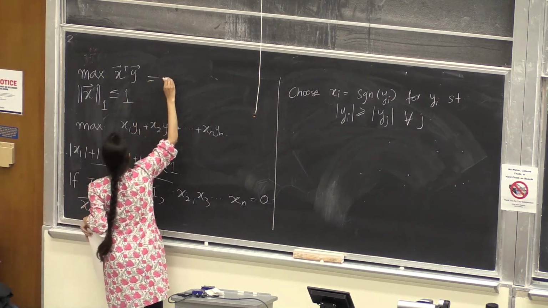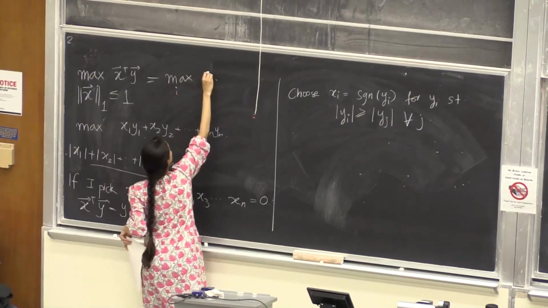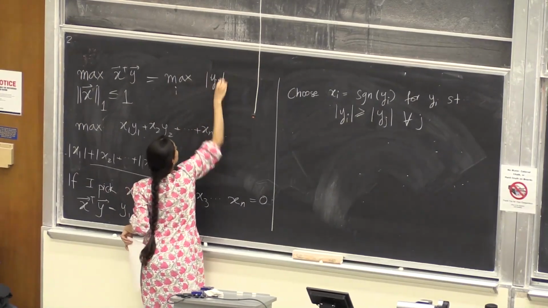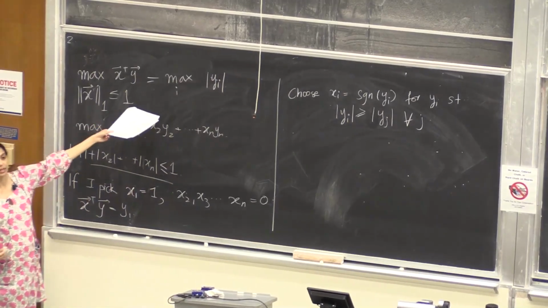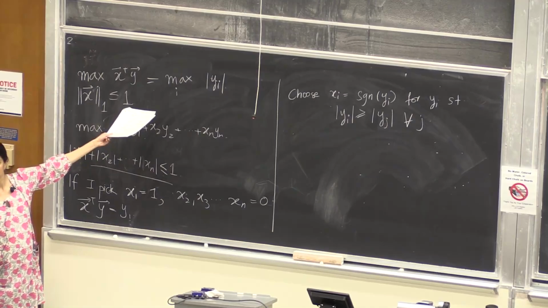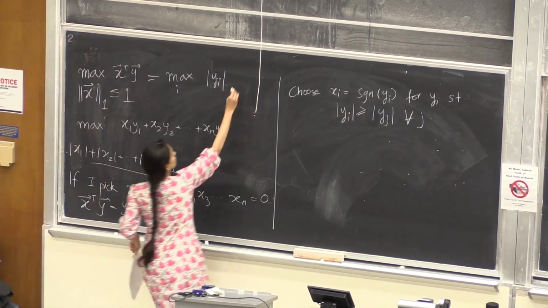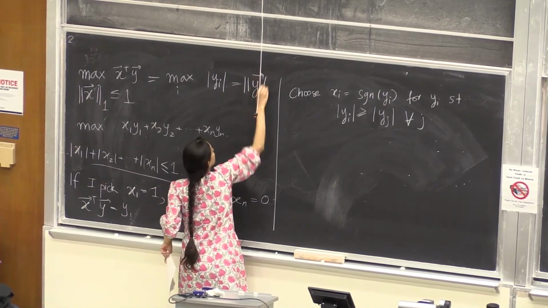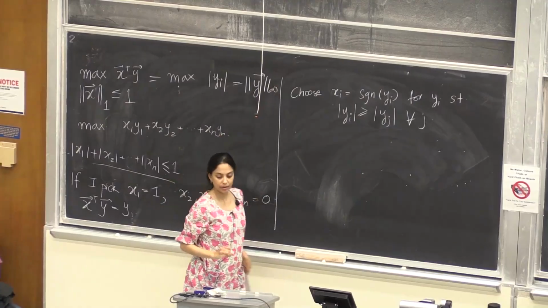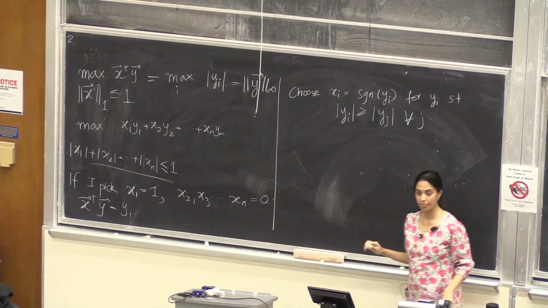This is equal to the max over i, because that's what we just argued. We're going to pick that x. But do we have a name for this? This is the infinity norm of y, right? Okay?